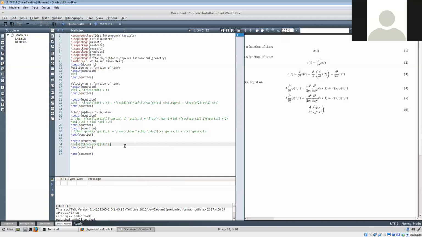So this would be the quotient rule now. The quotient rule is just the product rule: the first times the derivative of the second, dv x, plus the second times the derivative of the first.